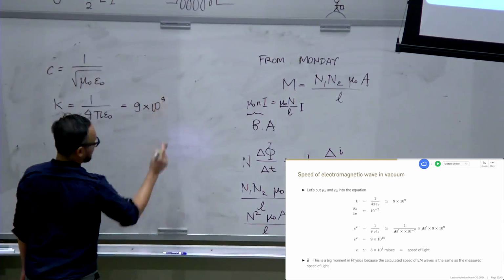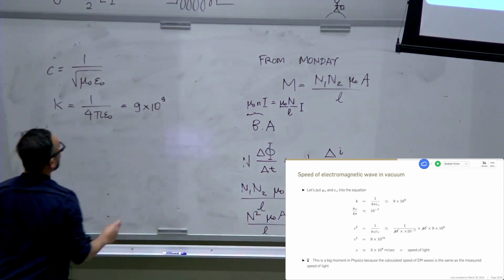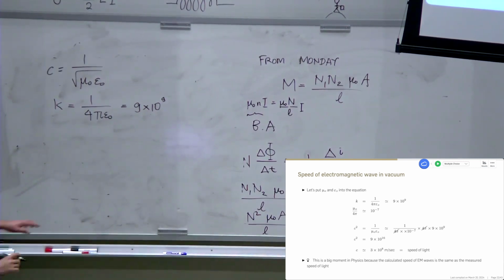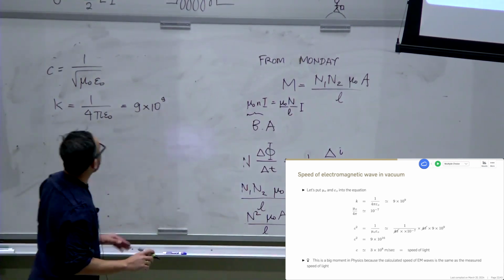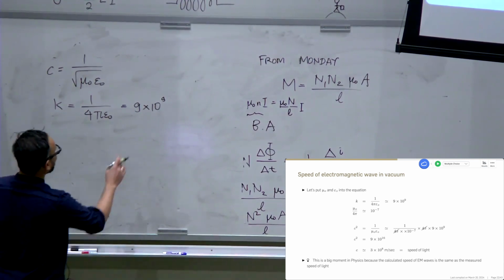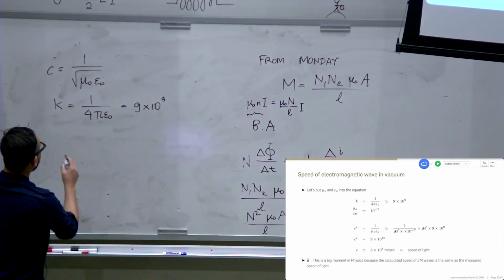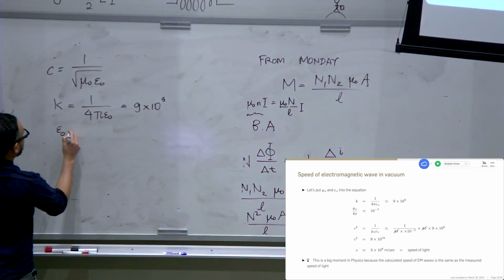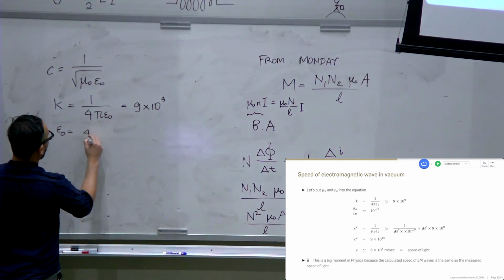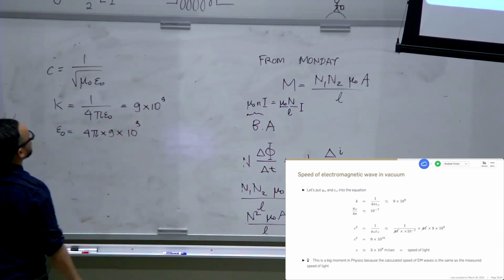I know nobody likes to write units, but at this stage of your career, you have to use units. If you are as old as me, you can write units in your head. So this is K. So epsilon naught is basically equal to 1 over 4 pi times 9 times 10 to the 9.